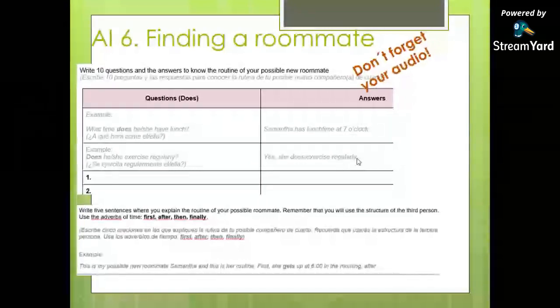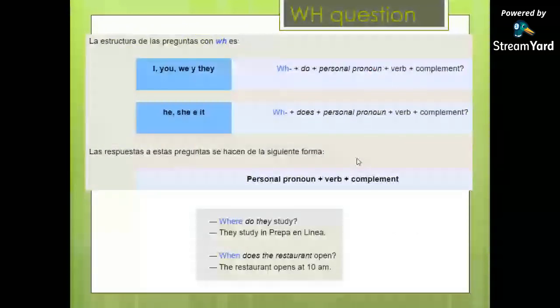So this is why. Remember that for WH questions, you have to put the WH question followed by the do or does auxiliary, depends on the personal pronoun that you are using, followed by the personal pronoun, the verb, and the complement. Where do they study?